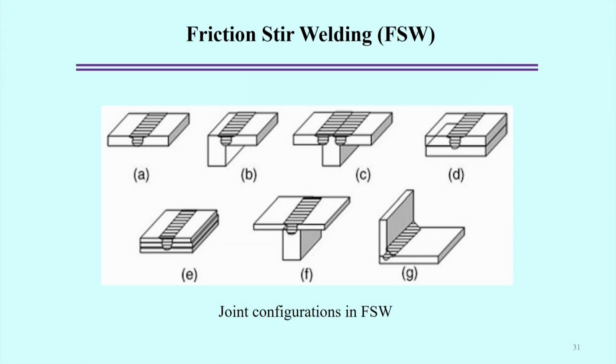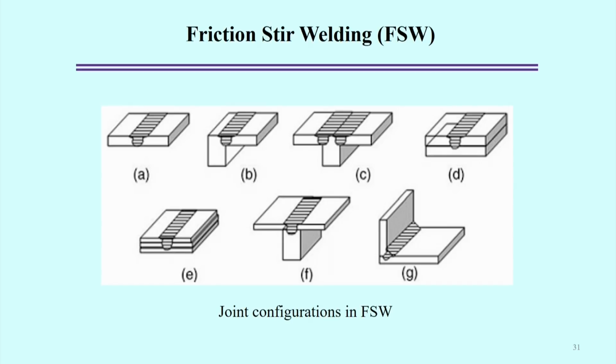Here I think three materials, of three different thicknesses or similar thickness, can be joined. So, one advantage of this type of lap joint configuration is that the material thickness is not necessarily the same. The thickness of the material can be different also. At the same time, two different types of material can also be joined using the friction stir welding process.